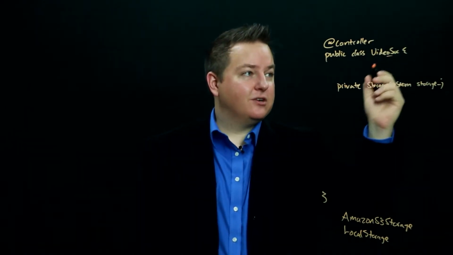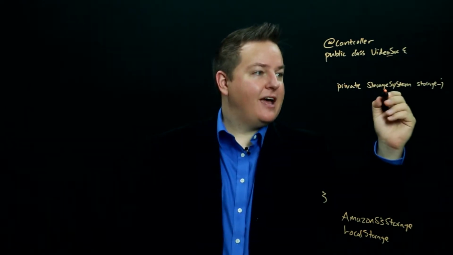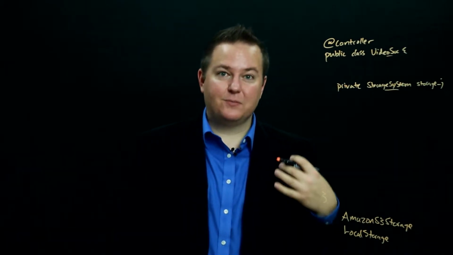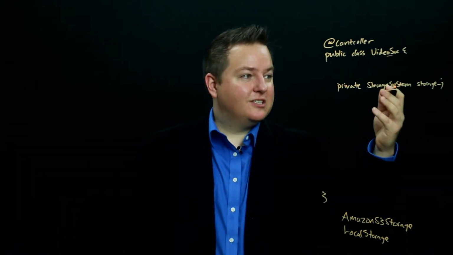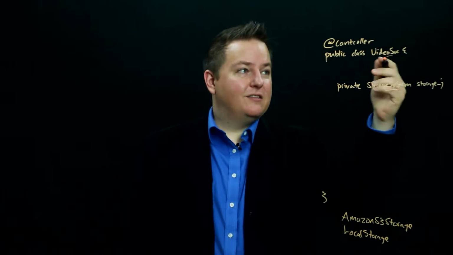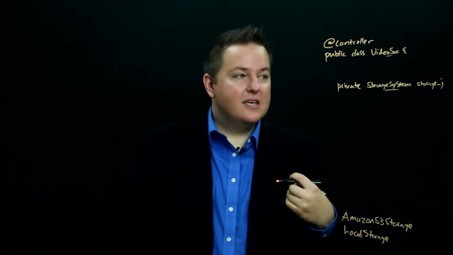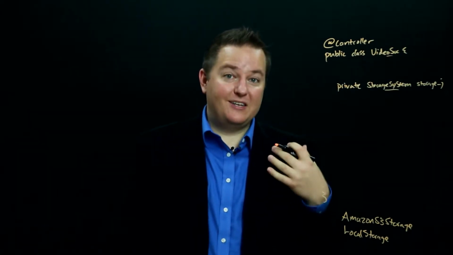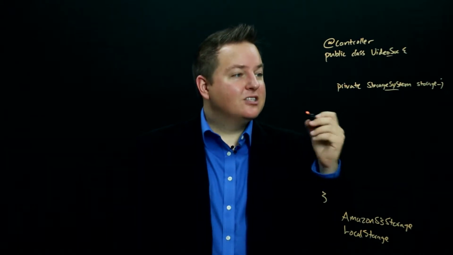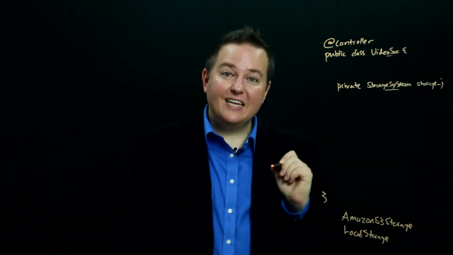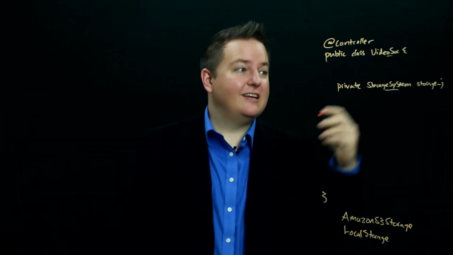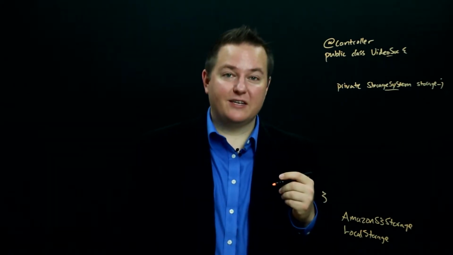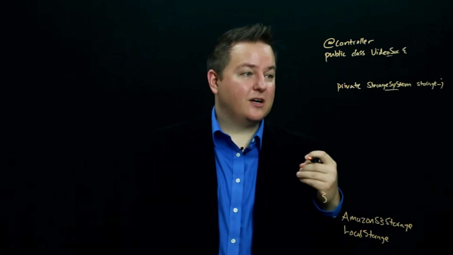So a video service depends on having a storage system object provided to it. That is, the storage system is a dependency that the video service needs. And the injection part in dependency injection means that Spring can automatically fill in and provide an object that implements the storage system interface without us having to construct it.